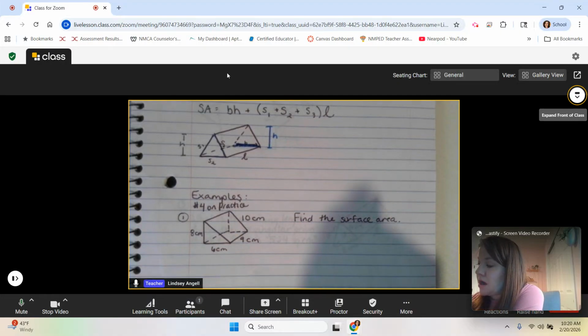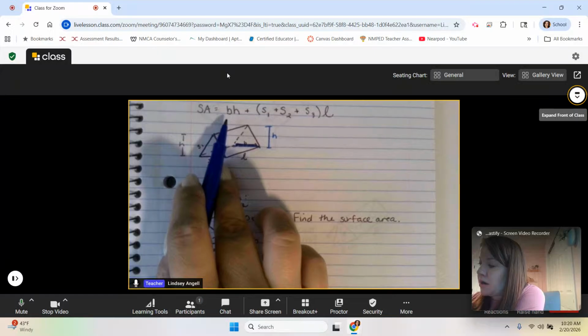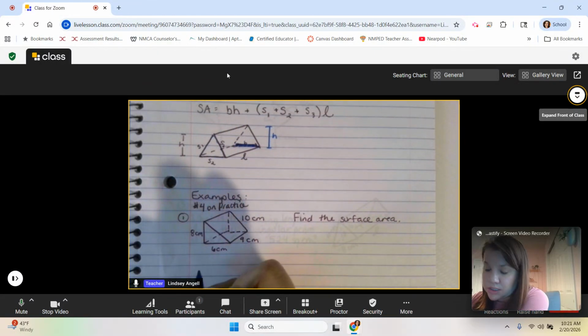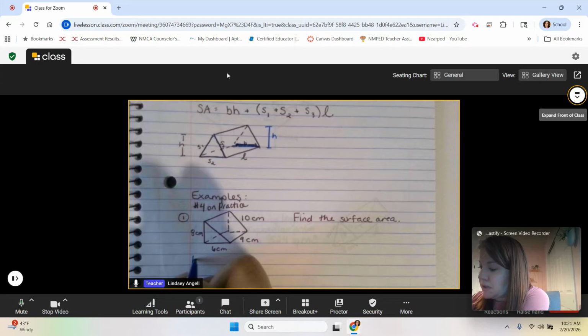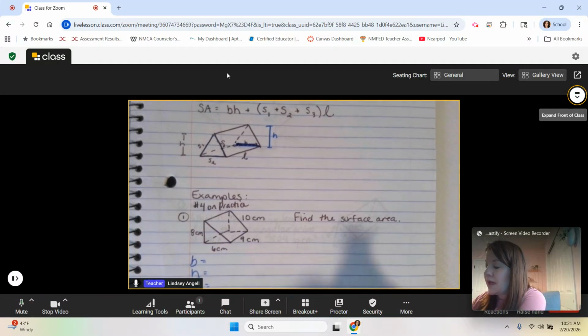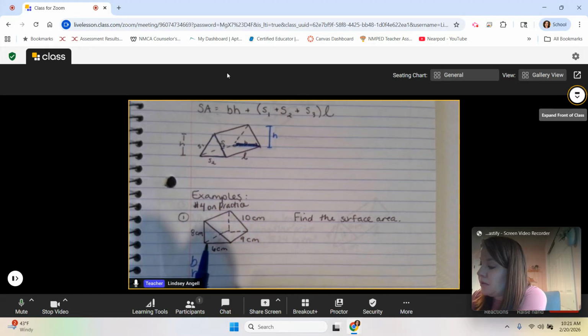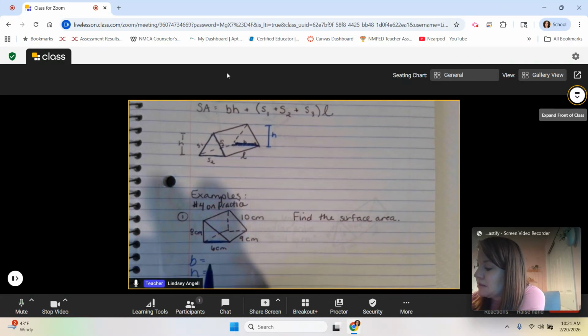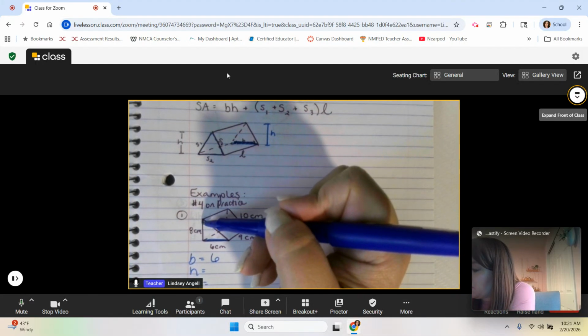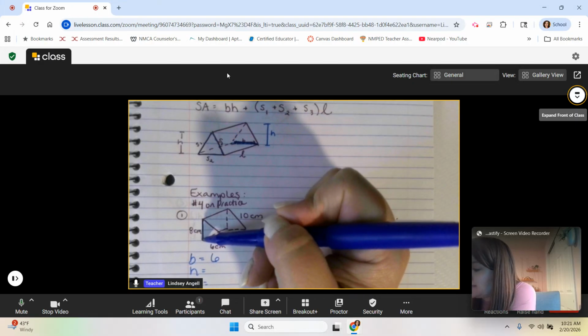First off, we need to figure out what all of these different values are. One thing you can do, and I'd recommend this, especially as you're getting used to it, is to keep yourself organized. Now the base and the height: here's my base, that's going to be 6. The height of the prism is 8.